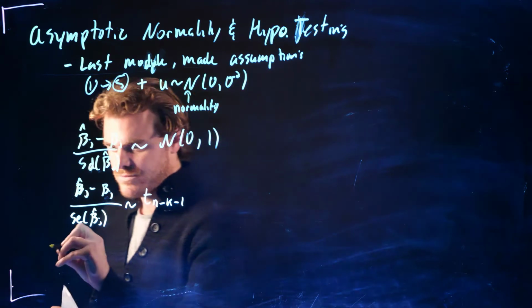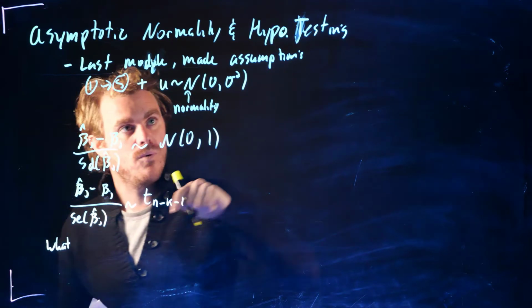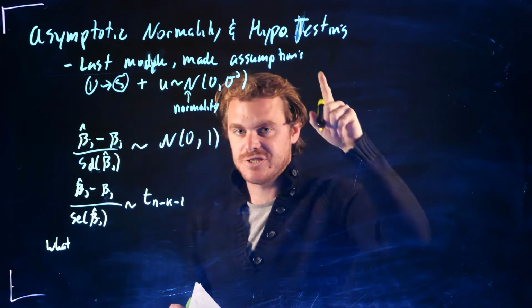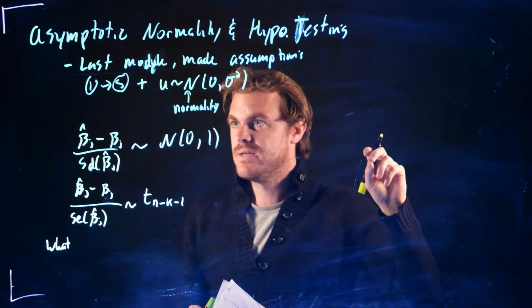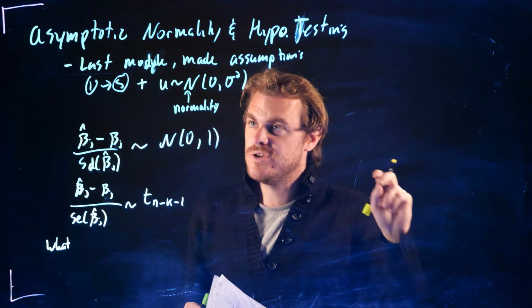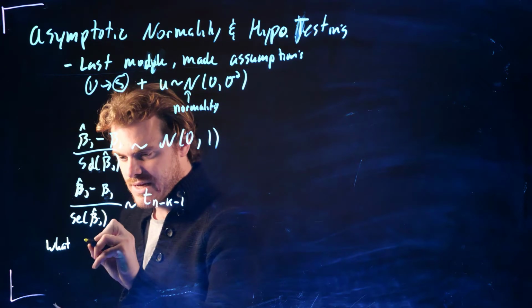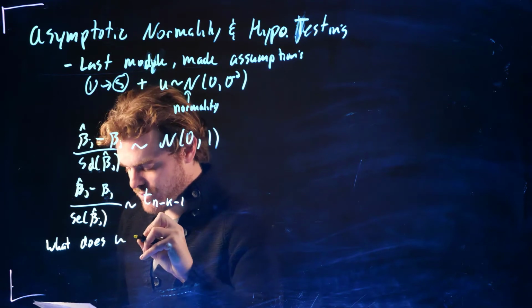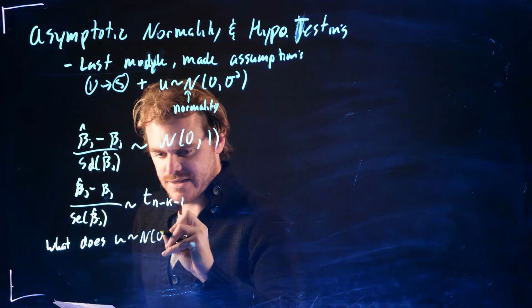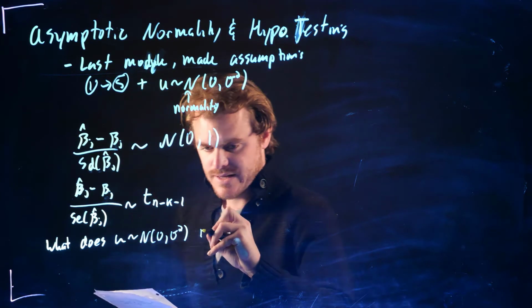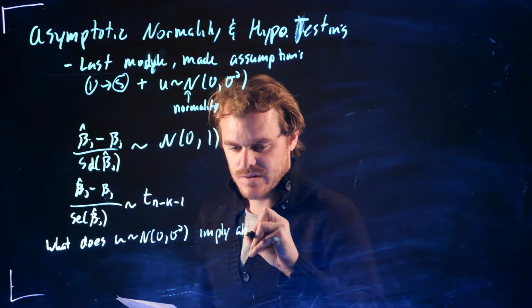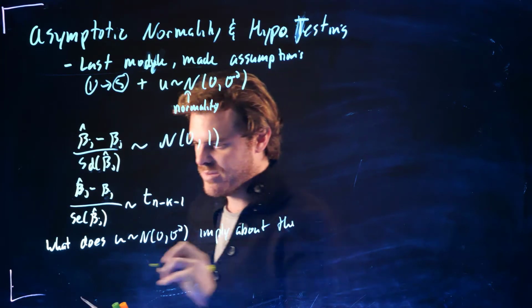So let's talk a bit about what this assumption was actually saying. It was an assumption about the U's, but also about the Y's. So what does U distributed normally with mean 0 and variance sigma squared imply about the distribution of Y?